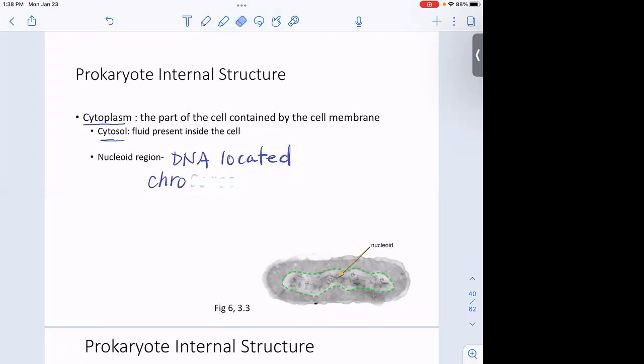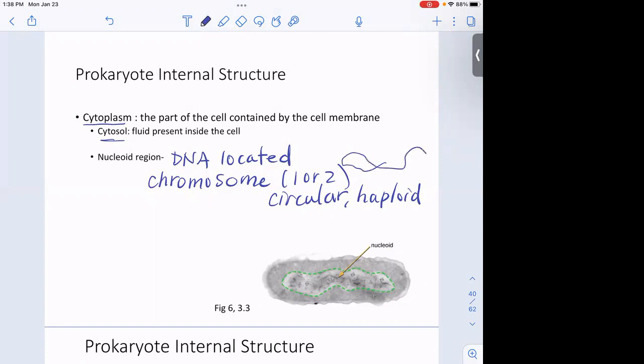Bacteria usually have one or two, most often one, and it's in a circular form. And it's haploid. So, a big long circle like this, maybe.